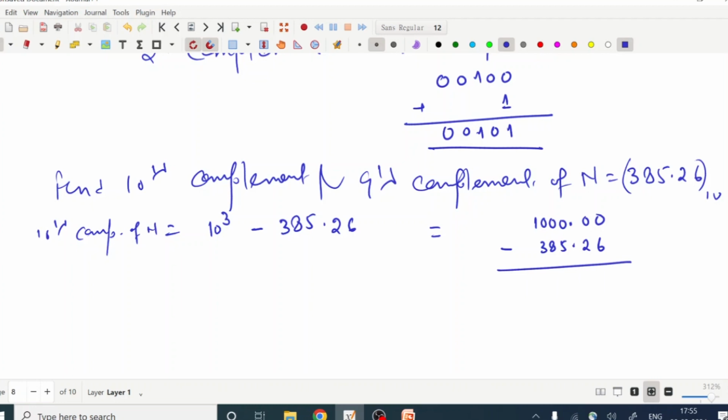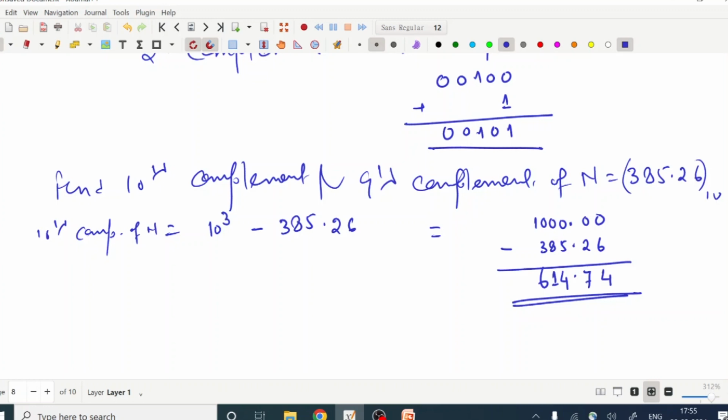This is 10 minus 6, that is 4. This is 9 minus 2, that is 7. Then 9 minus 5, this is equal to 4. This is 9 minus 8, that is 1, and 9 minus 3, that is equal to 6.